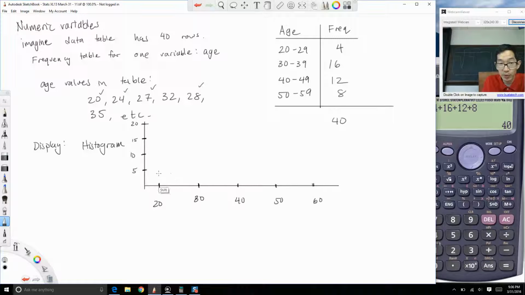We go through and now we create bars representing the frequency, the height of each of these things. I'm just kind of eyeballing this. Something like that, okay?